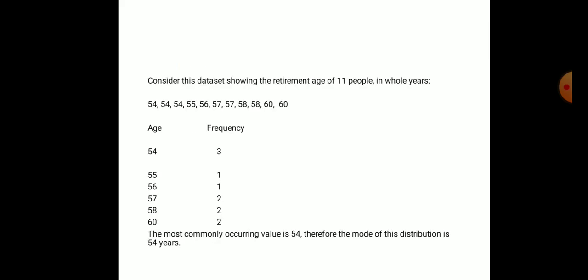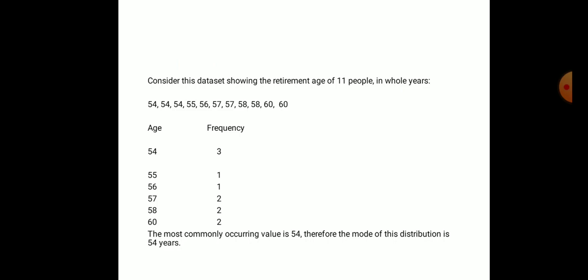So, what if it is ungrouped data? Consider this data set showing the retirement age of 11 people in whole years. Same example as in the mean and the median. So, we have the age 54, the frequency is 3.